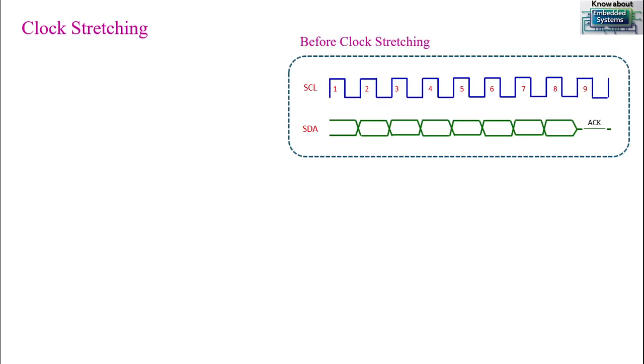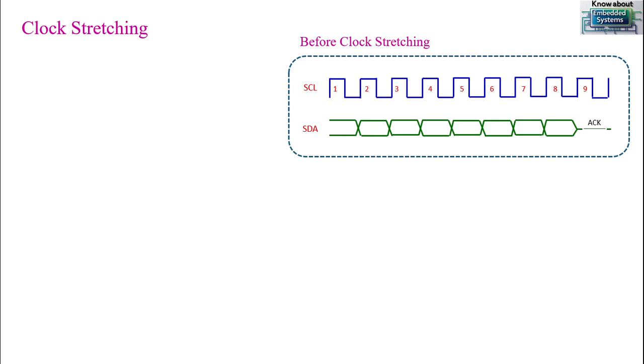One more important thing with respect to I2C, which is also an interview question, is clock stretching. What do you mean by clock stretching? When I2C is interfaced with devices like LCD or other display devices, which are low speed devices, sometimes the slow device may not match the speed of your I2C master.